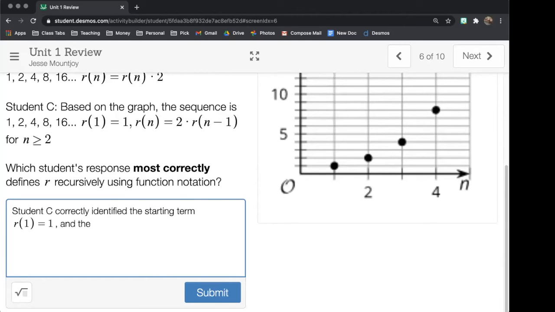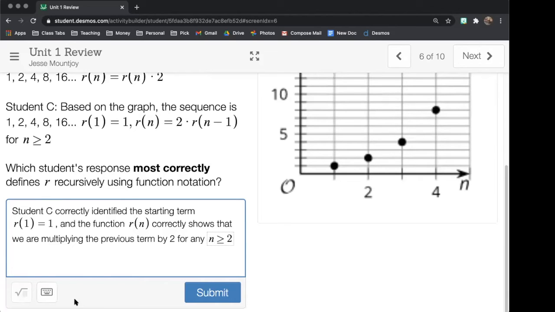And the function R of n correctly shows that we are multiplying the previous term by 2 for any n greater than or equal to 2.